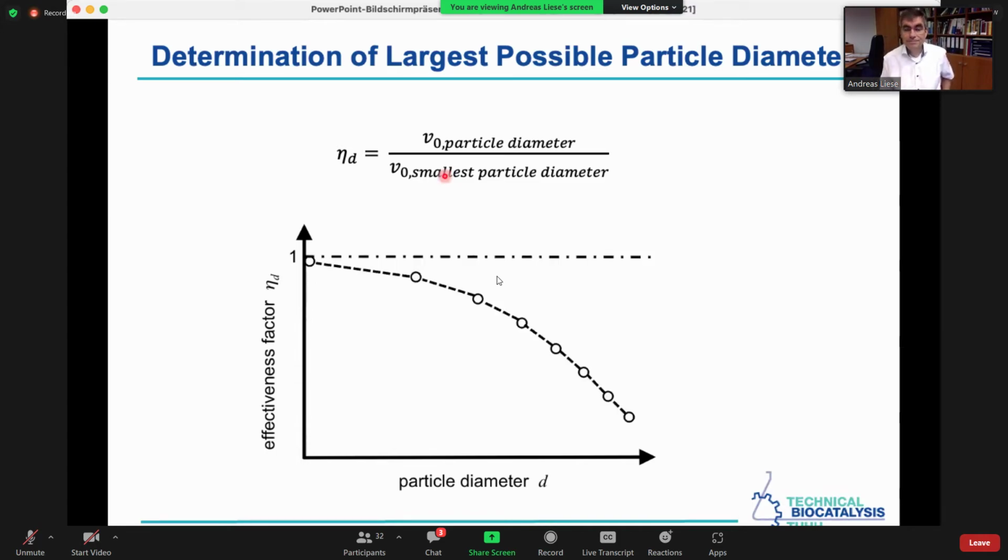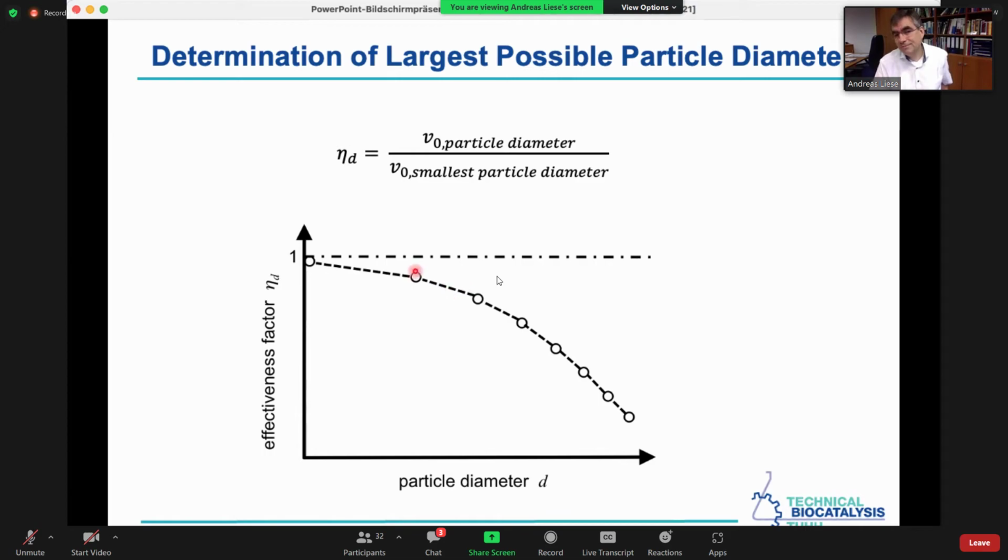If we plot this and do not have any effect, so no diffusion limitation at all, then the particle diameter should not have any effect on the performance, so the effectiveness factor should always be 1. But if we do have diffusion limitation in the differentially operated reactor, then we see a clear decrease in the effectiveness factor with increasing particle diameter. This is also a quick experiment you can run in an afternoon if you want to find out what is going on with a charge of immobilizate you bought from a supplier for your plant.